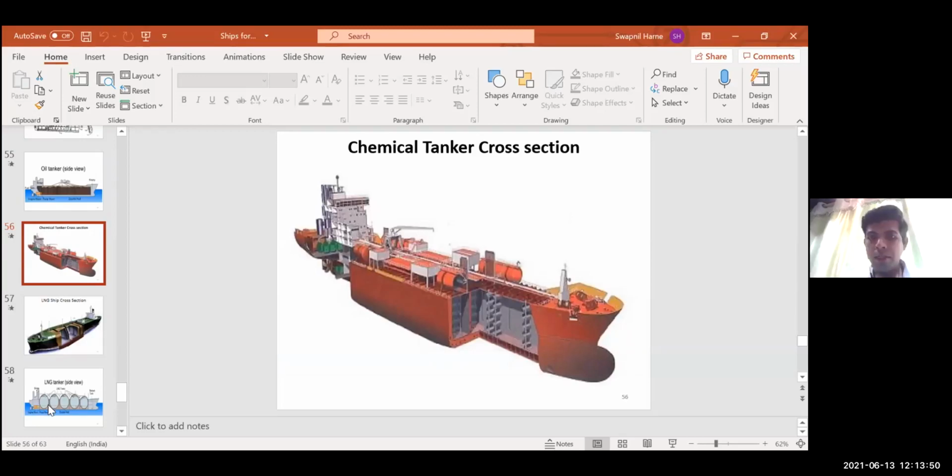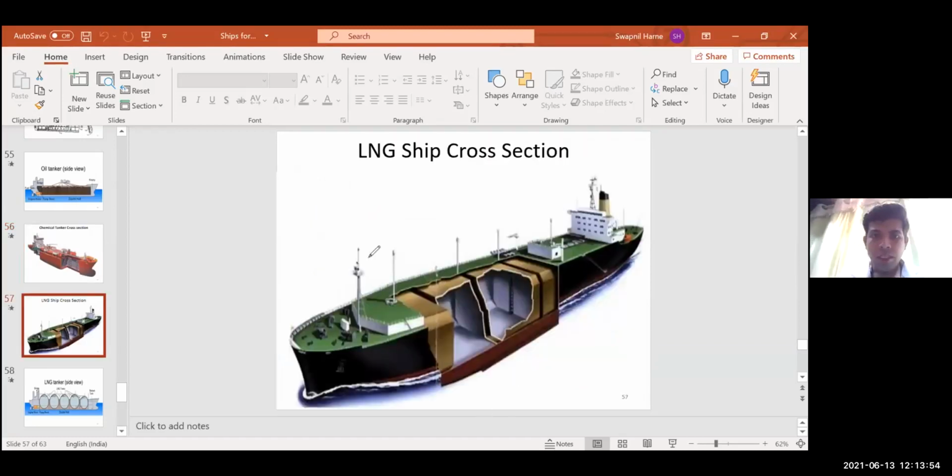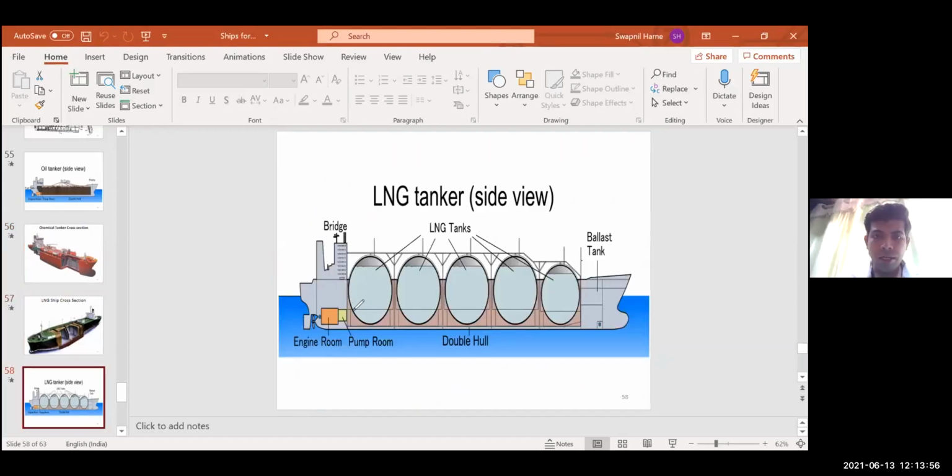Gentlemen, this is an LNG tanker side profile I'm sharing with you. See these round constructions are the tanks. 1, 2, 3, 4, 5.